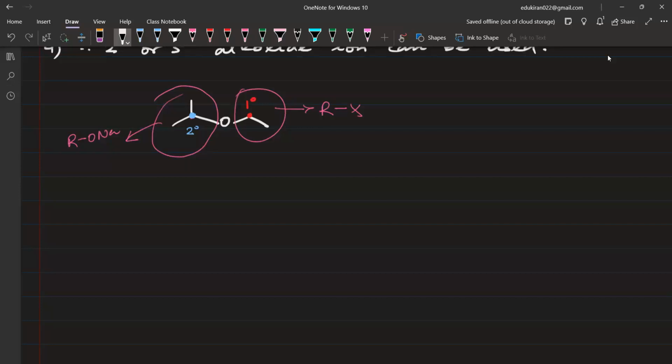So the preferred starting material, the substrate and reagent that we should use, is RONa plus a 1 degree haloalkane with 2 carbon atoms, any halogen, Br. ठीक है, this is going to give you the ether like this. Does this make sense? Yes or no?